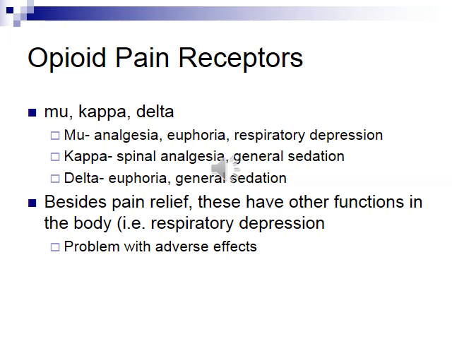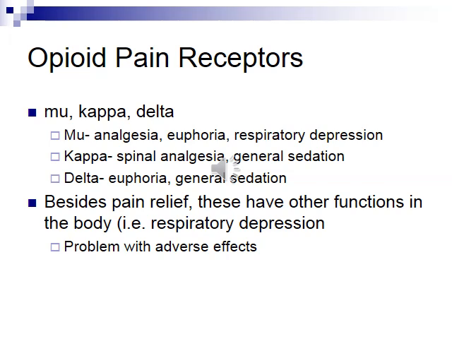Now, when we look at the opioid-based analgesics, where they're going to operate is at pain receptors in the body. And there's 3 types of receptors that can possibly interact with opioid medications. Your mu, kappa, and delta receptors. And I have up there what the responsibilities are. Your mu receptors are responsible for analgesia, euphoria, respiratory depression. Kappa receptors are spinal analgesia and general sedation, and delta is euphoria and general sedation.